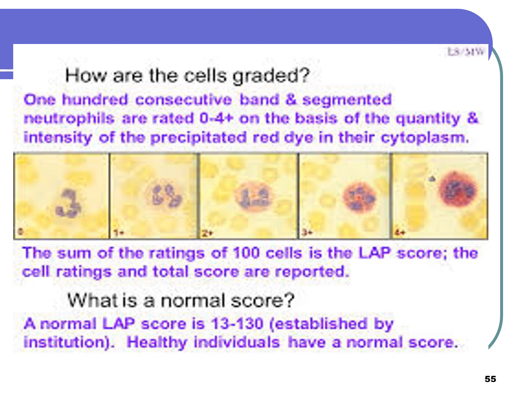The neutrophils are rated from 0 to 4 on the basis of the quantity and intensity of precipitated red dye in their cytoplasm. The ratings of 100 cells are summed, and the total score is reported. Normally the LAP score is between 13 and 130, and this is the normal score that we have to check for.